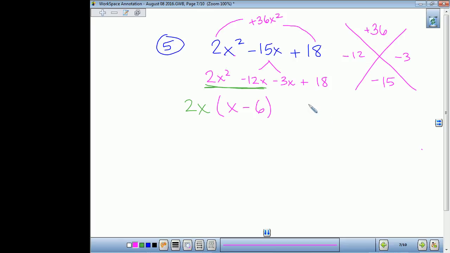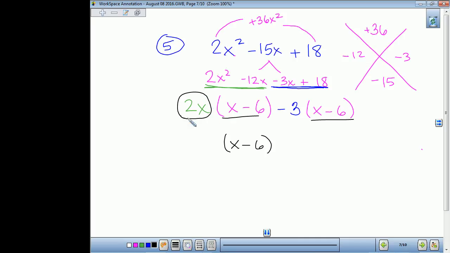Okay, so we want this to match. We want this to be x minus 6. So what has to divide out of this? A negative 3. All right, so our last step is where we take these two they have in common, I'm going to pull that out in front. And then I'm going to group what's left.